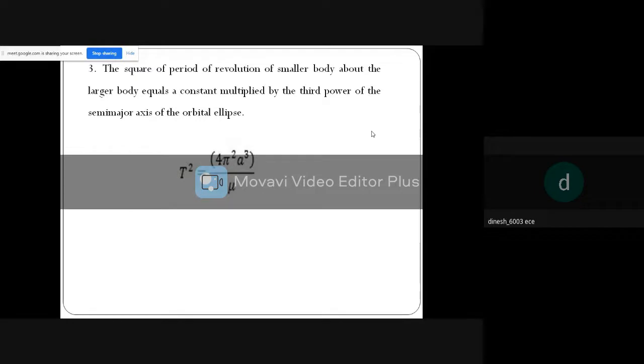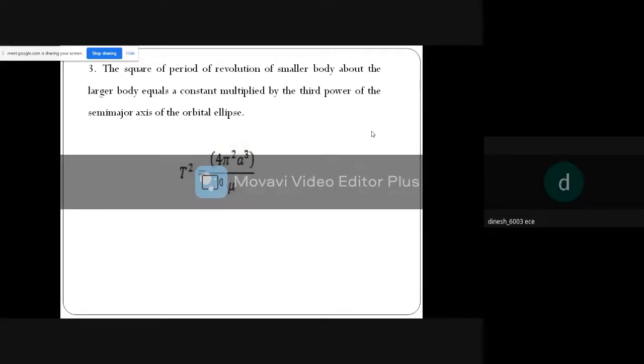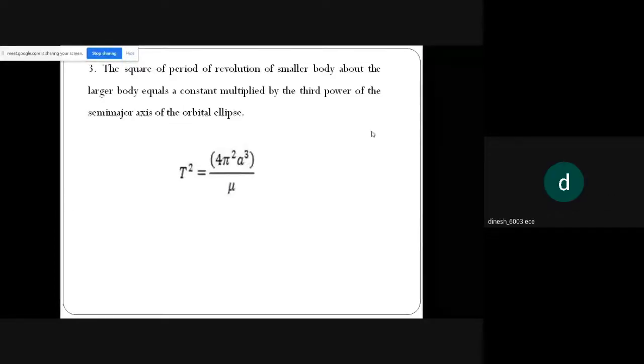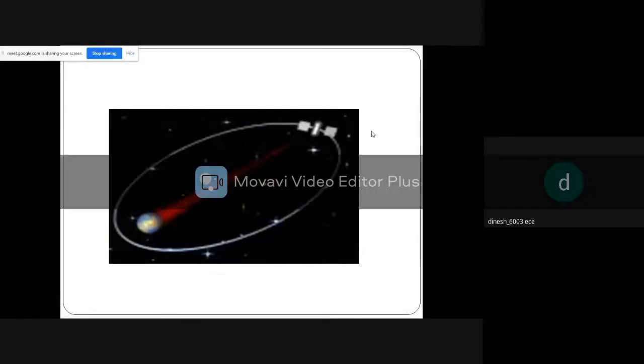So the square of that period of revolution will be equal to a constant, 4 pi square by mu, into the third power of the semi-major axis of the orbital ellipse. We will see the definition of the semi-major axis of an ellipse in the orbital parameters.